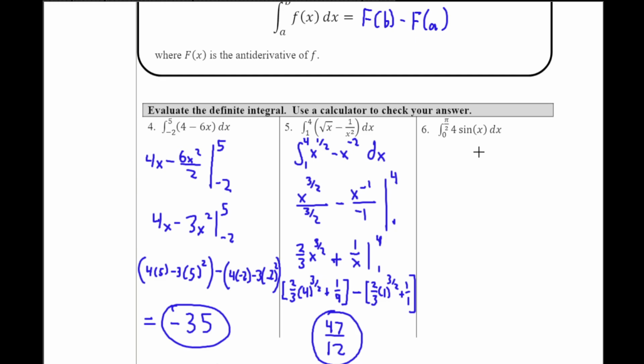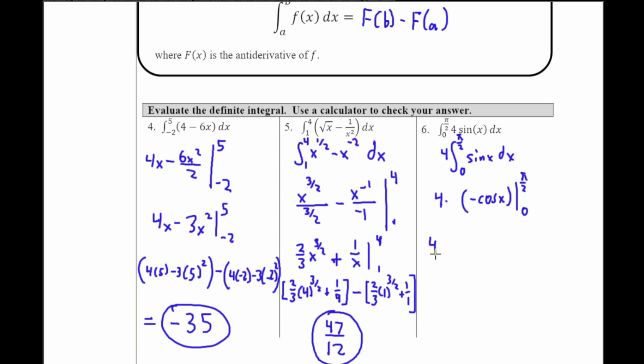Let's do this last one here. You can bring the 4 to the outside, if you remember the definite integral properties. So from here we have 4 times the integral of sine x, which is negative cosine x, with the vertical bar from 0 to pi over 2.